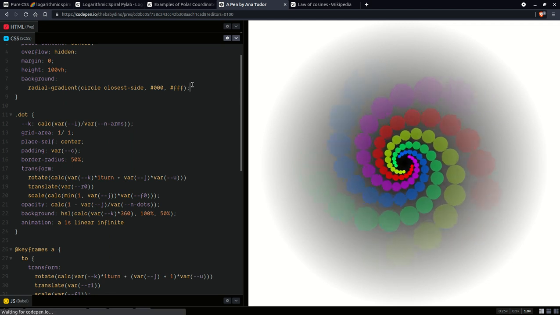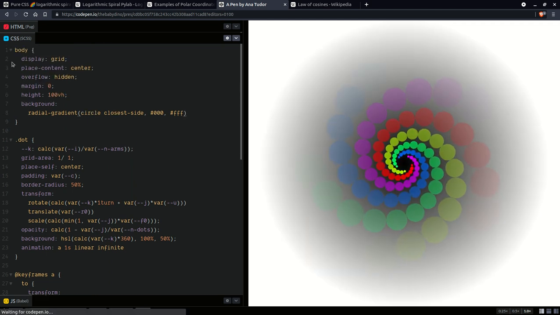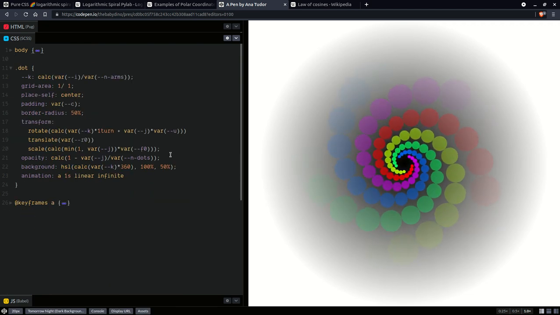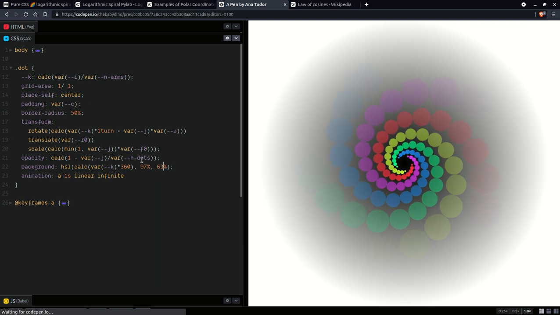Okay, so we can have something like that, and we'll be able to collapse the body, collapse that set of keyframes as well. Let's prettify those colors a little bit. I suppose something like that.